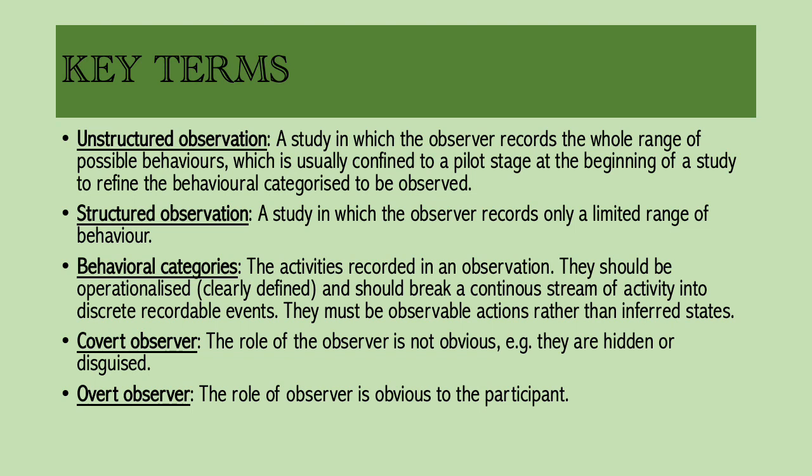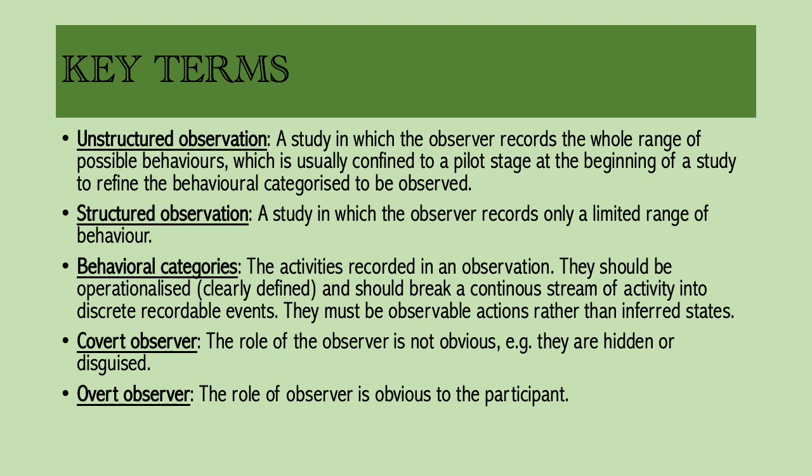Specifically I just want to observe that, which means that any other behavior, any other things that the children play with, I will not observe, I will not record. I just focus on recording how many times they go on the slides. That is an example of structured observation. It means I'm only recording a limited range of behavior according to what I want to observe.